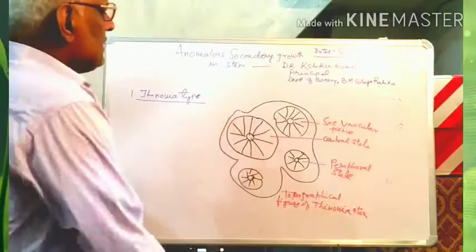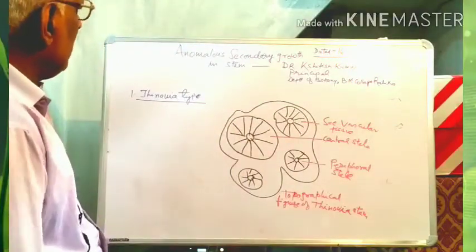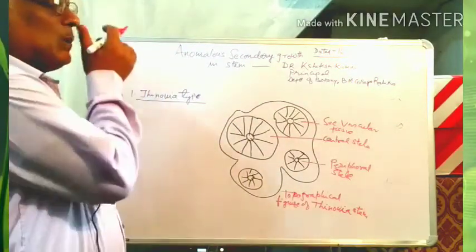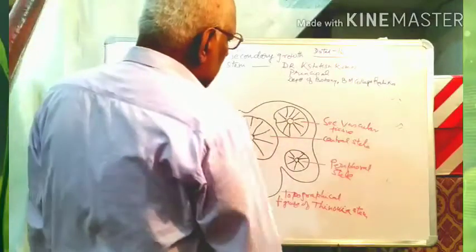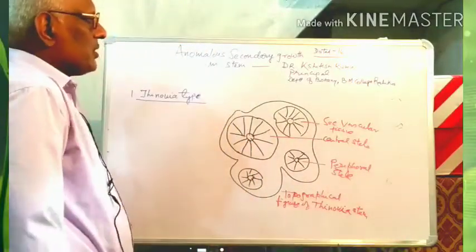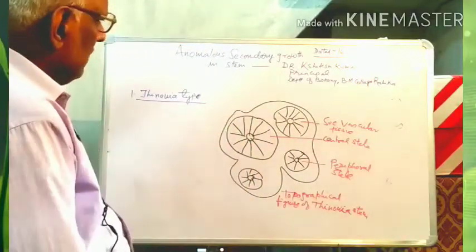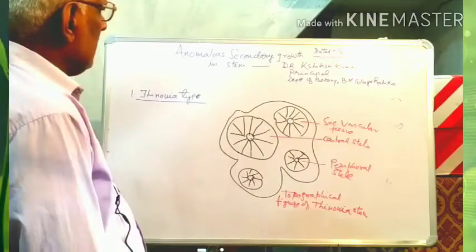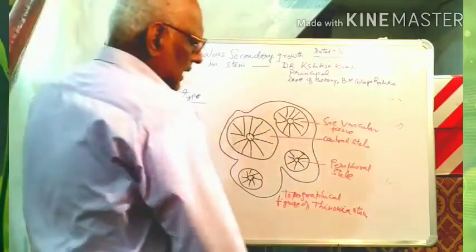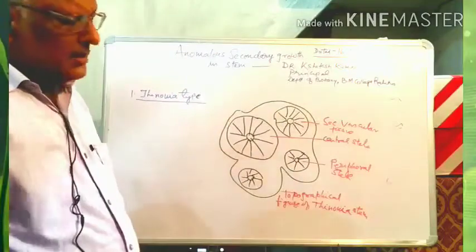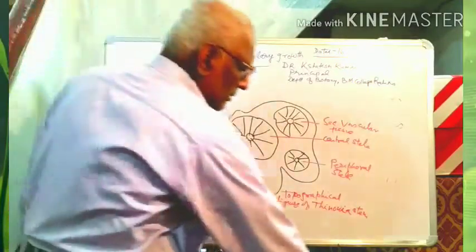So this is the first type of anomalous secondary growth of adaptive type, in which the cambium is at abnormal position, and hence its function is also abnormal.